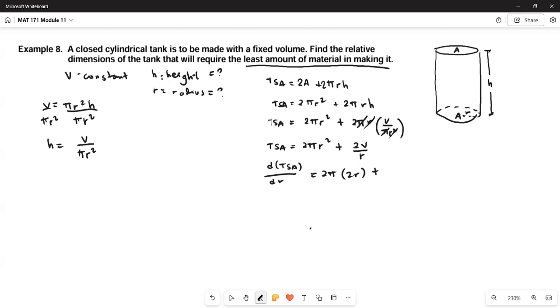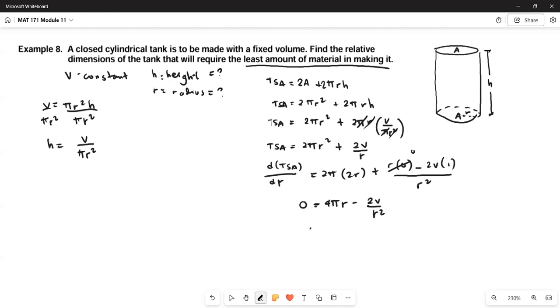So yan ay R times derivative ng 2V is 0 dahil constant yan, minus 2V times 1, dahil derivative of R in terms of R is just equal to 1, over R squared. So cancel out yan, 0. So 4 pi R minus 2V over R squared. Since pinapakuha yung minimum, i-equate na natin agad sa 0.